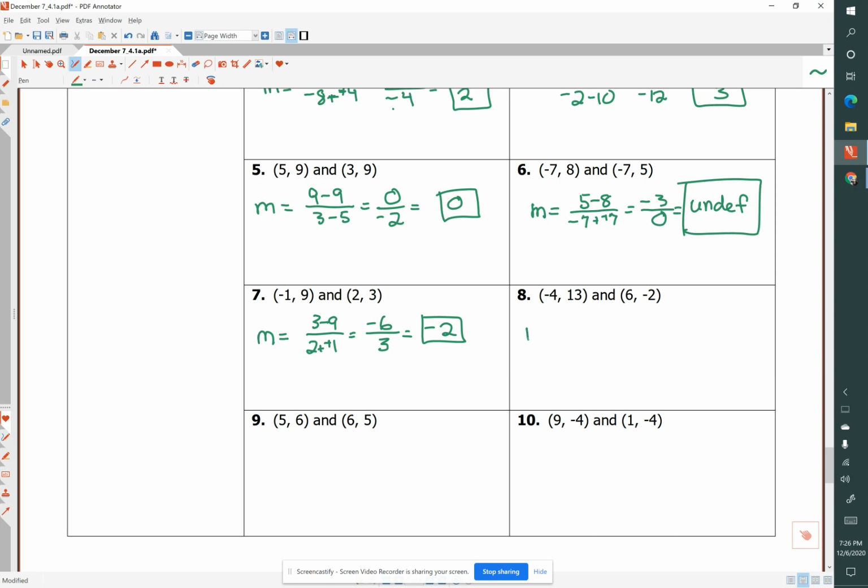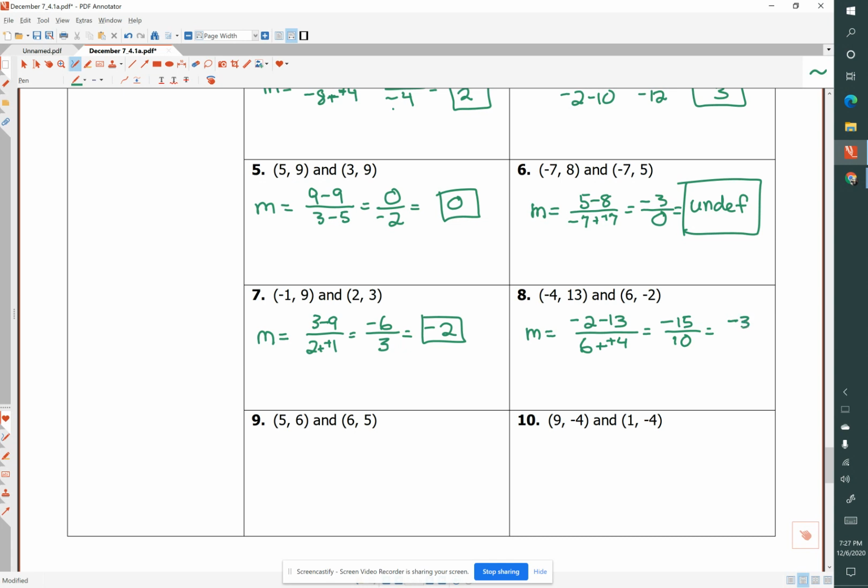Number 8, slope equals -2 minus 13 divided by 6 minus -4. -2 minus 13 is -15. 6 minus negative 4 is 6 plus 4, which is 10. Both of those are divisible by 5.